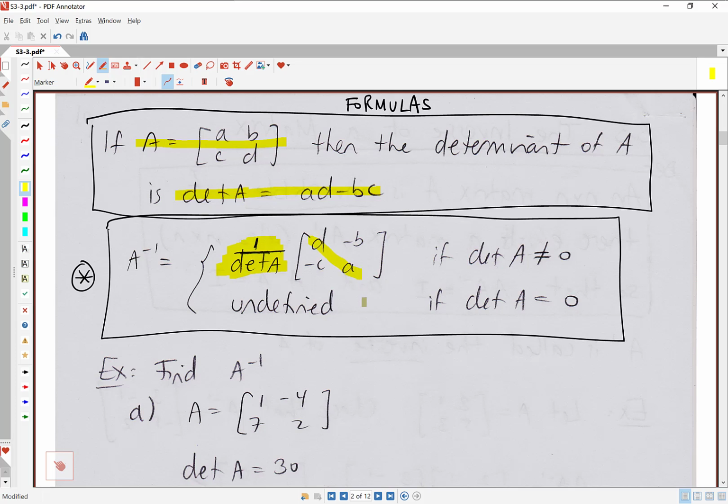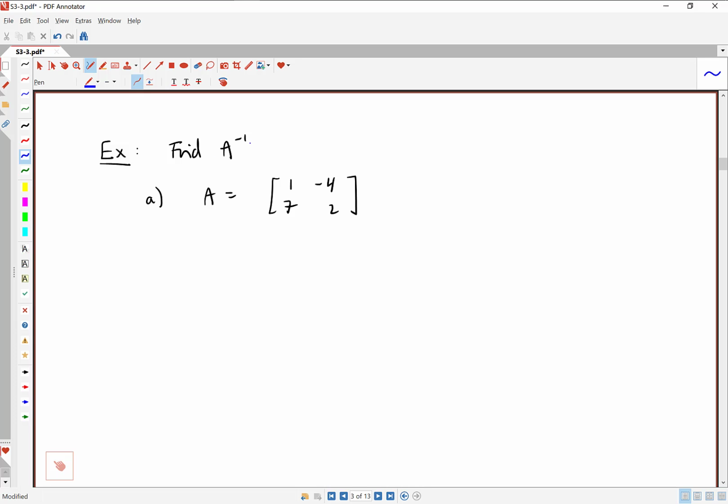We're swapping the diagonal entries, the D and the A swap position, and the off-diagonal entries get their sign changed. So that is the inverse of a 2 by 2 matrix. That will work as long as the determinant of A is non-zero. And if the determinant of A is 0, then the inverse is undefined, or you could say it does not exist.